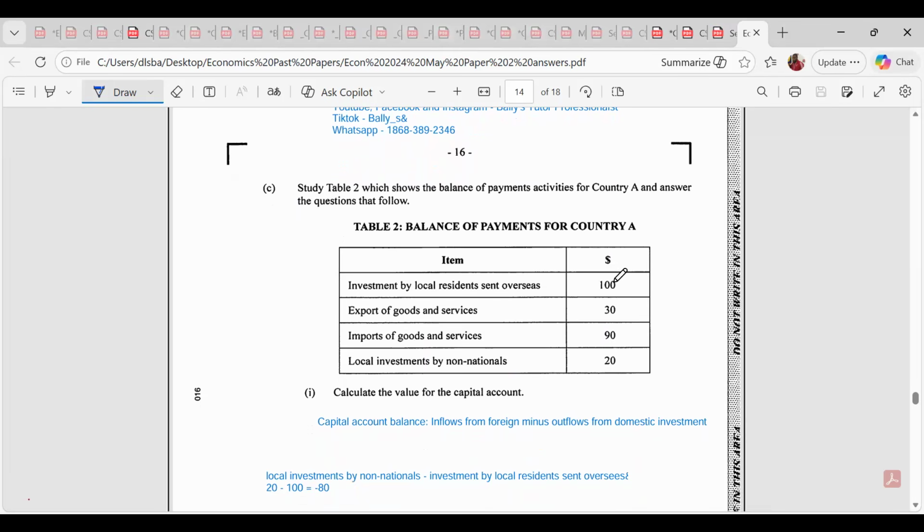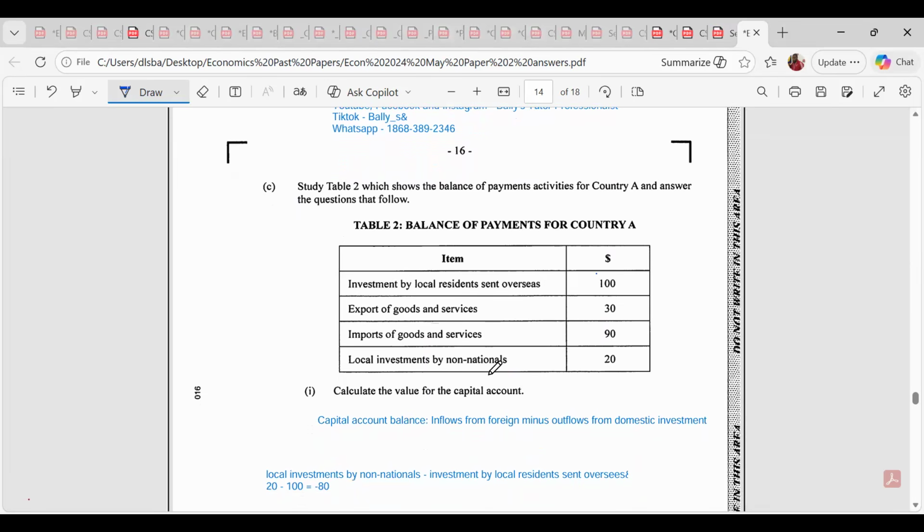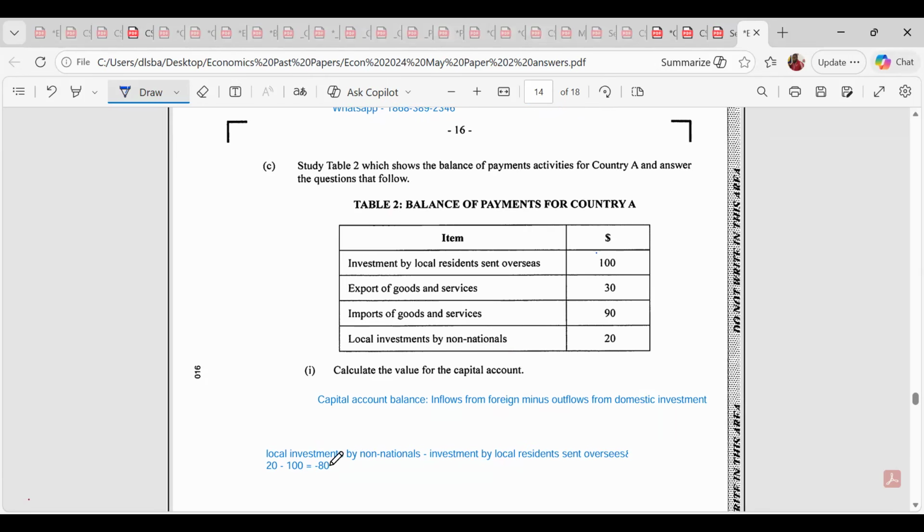But the outflow would be the local residents sending money overseas. So the value of our capital account would be the 20 as the inflow minus the 100, our outflow, which is negative 80.